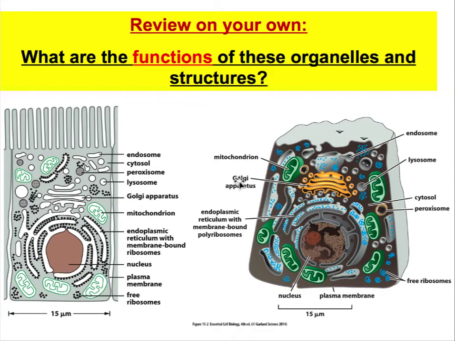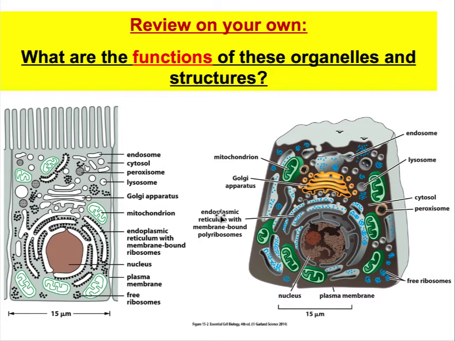All eukaryotic cells have those 2 structures. In addition, all cells have mitochondria. All eukaryotic cells have mitochondria. So those are the three most common membrane-enclosed organelles that every eukaryotic cell has. So mitochondria, Golgi, and endoplasmic reticulum.